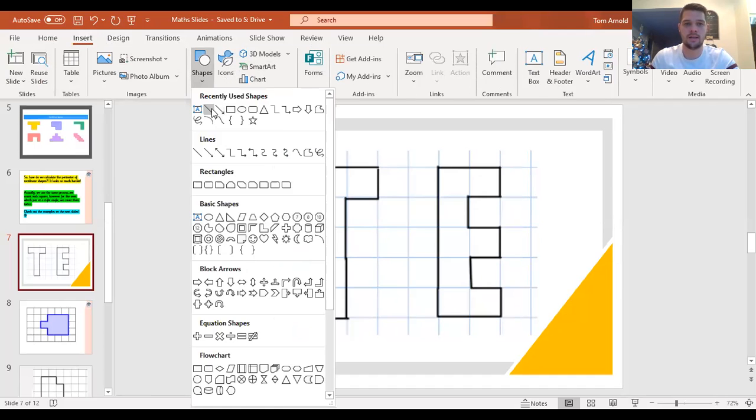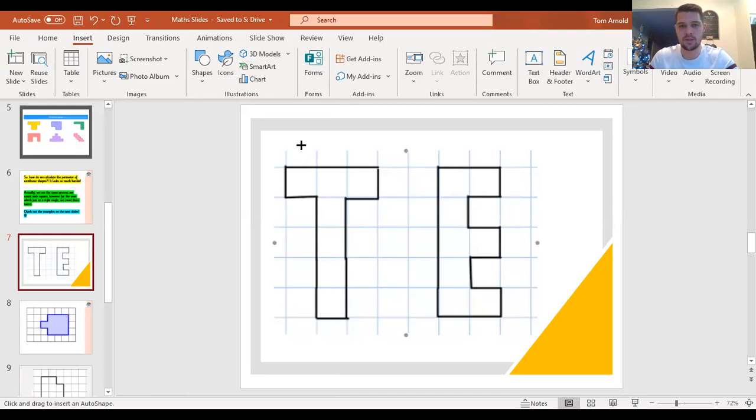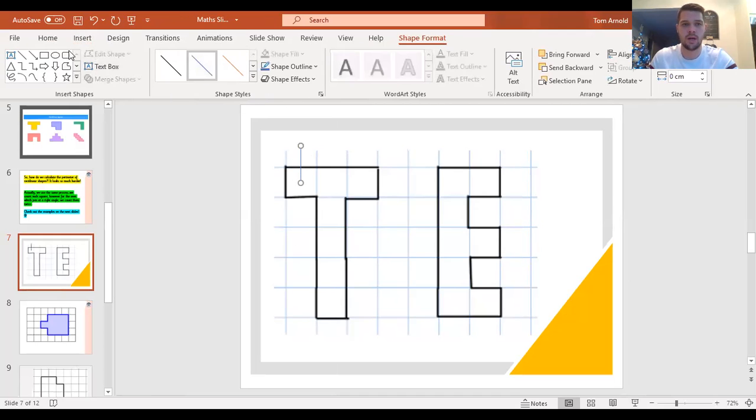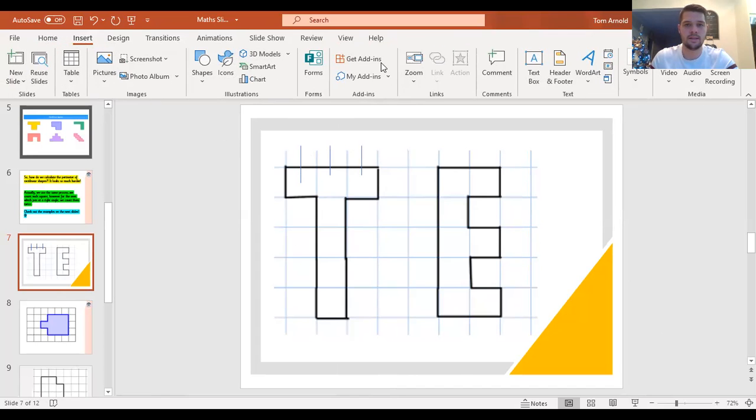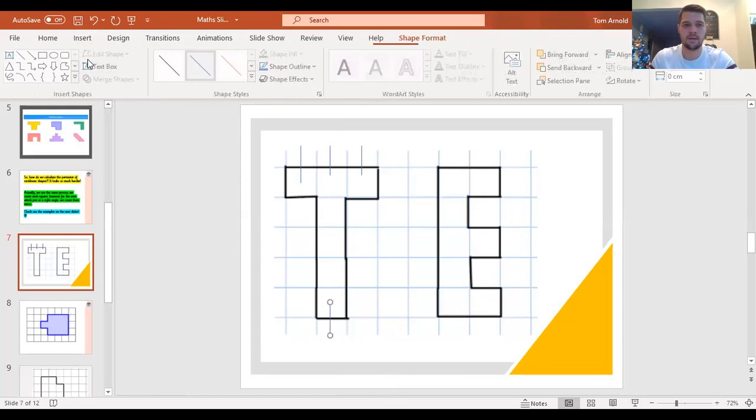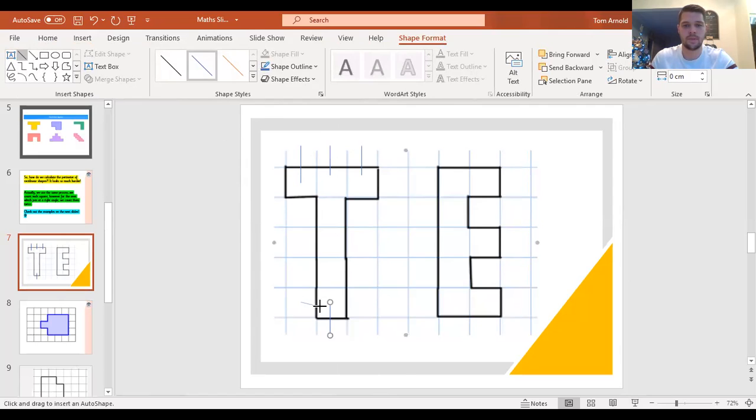If I do this, we can count as normal. So 1, 2, 3. Hopefully you can see that. And we can carry on here. Another one. Both sides here. So this is everything we went over yesterday.